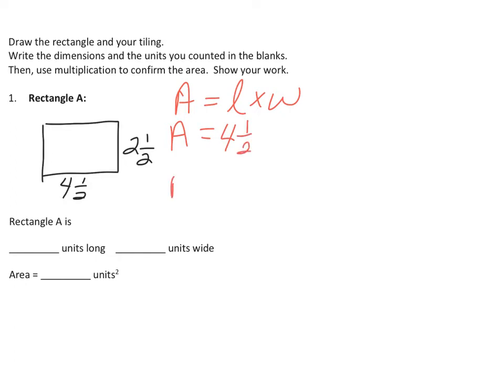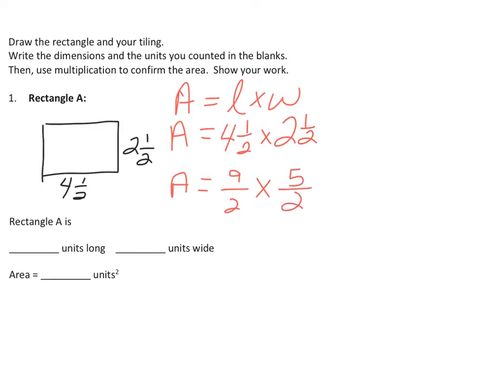I want to convert that to an improper fraction so I can multiply it. 4 times 2, whole number times denominator, is 8, plus the numerator, so 9/2, times the width. My width is 2 1/2. Making that an improper fraction: whole number times denominator, 2 times 2 is 4, plus the numerator 1, so 4 plus 1 is 5.